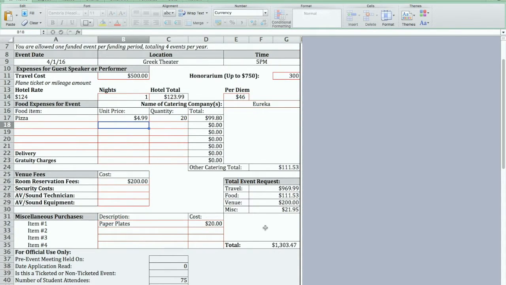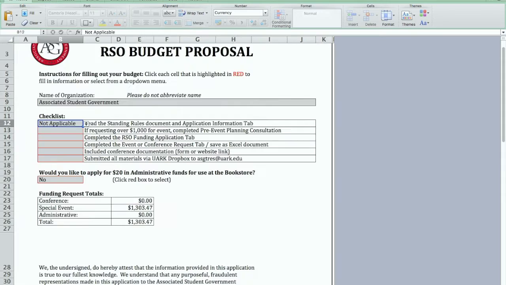Prior to submitting this budget on dropboxit.ur.edu, you're going to need to have a pre-event consultation with the RSO graduate assistant because it's over $1,000. So again, please look at the current documents.